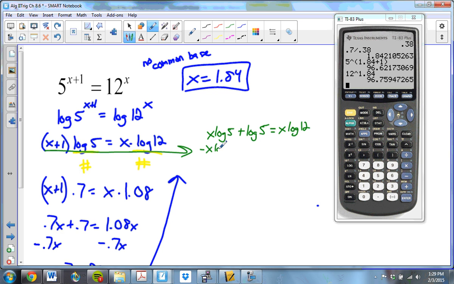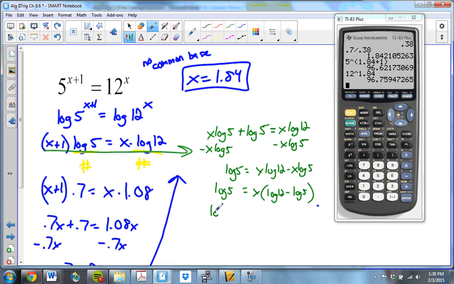I would have subtracted the x log 5 from both sides, and I would get log 5 equals x log 12 minus x log 5. And now from here I can factor out the x's. And then I can divide both sides by log 12 minus log 5. So that's log 5 over log 12 minus log 5 equals x.